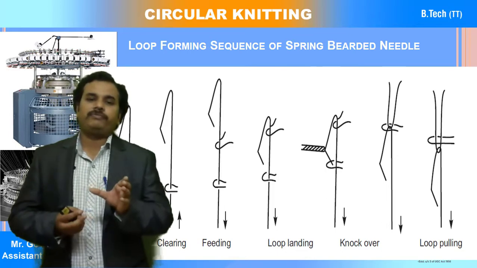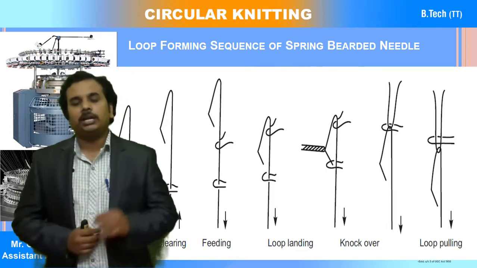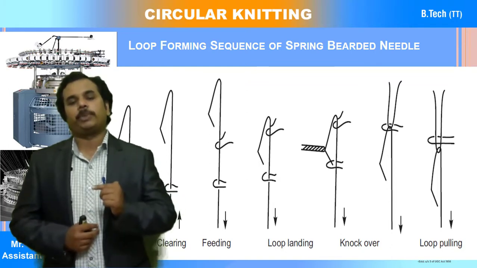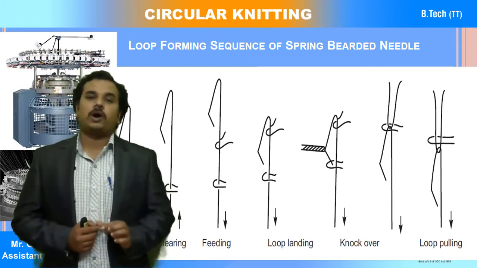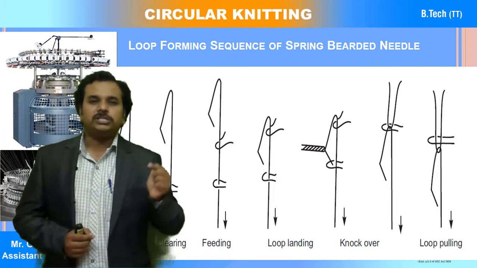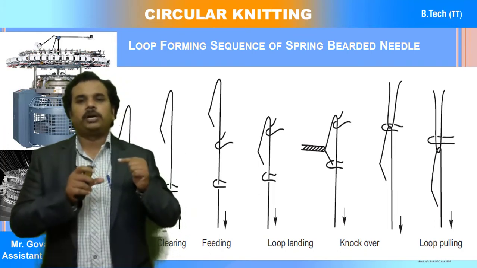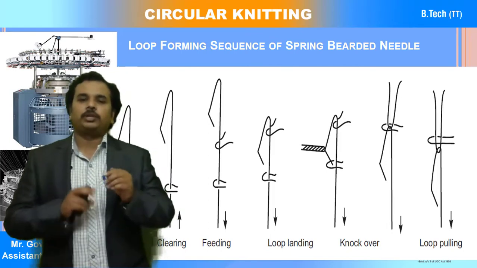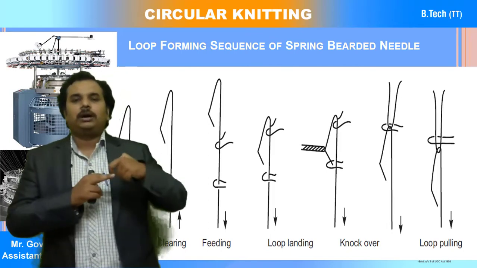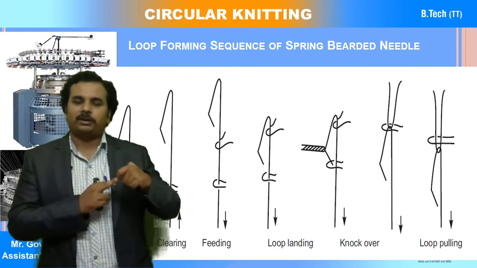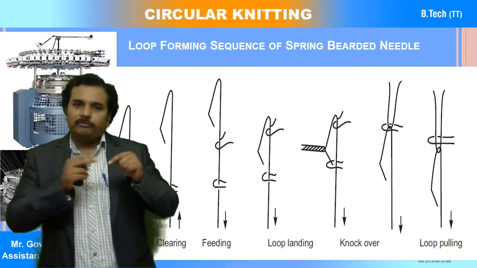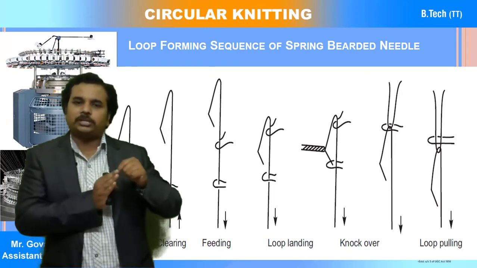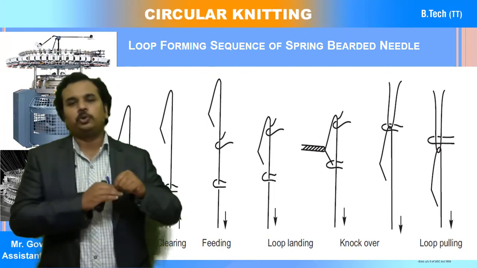So now in the fifth image, you can observe that there is an element acting on the bearded part. That element is called the pressure bar, which is pressing the spring bearded part of the needle. If you observe, when the old loop is coming to land, nothing but to touch the bearded part of the needle, that is called loop landing.